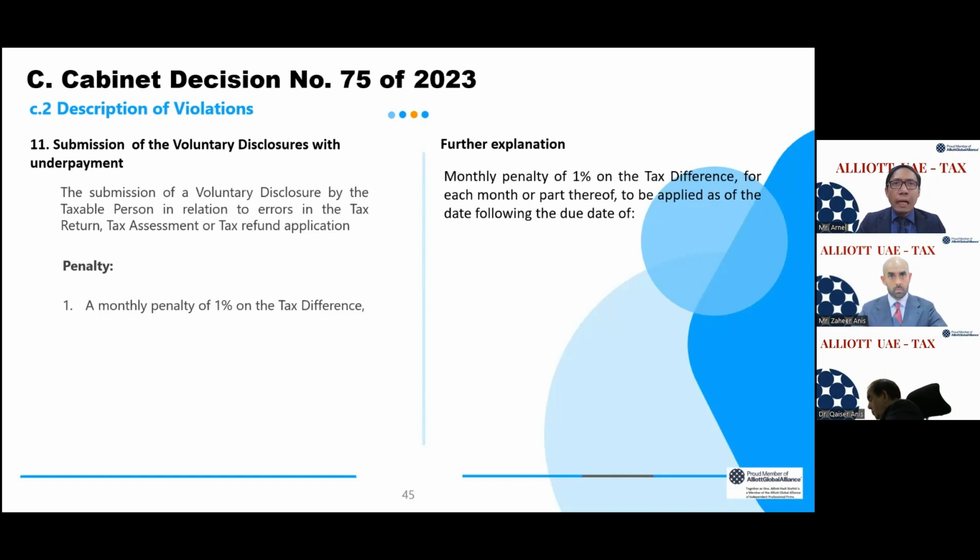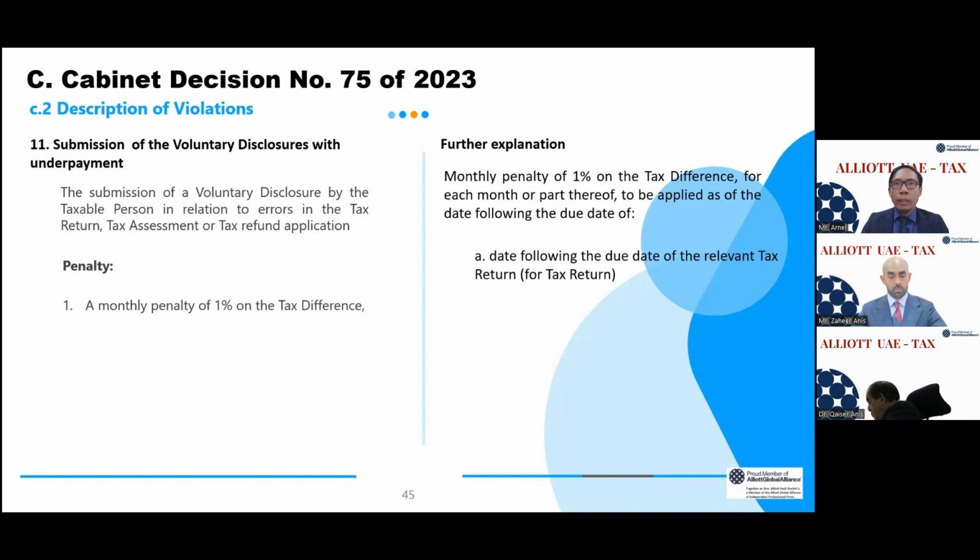So what is the tax difference we're talking about? Let's say, for example, we're talking about your tax return. You have a payable of 1 million dirhams when you file your return.